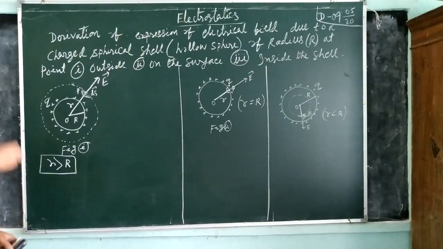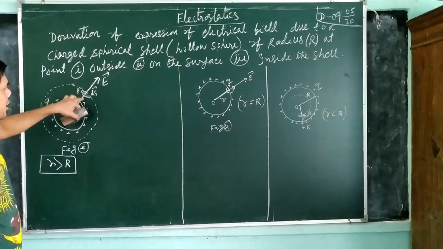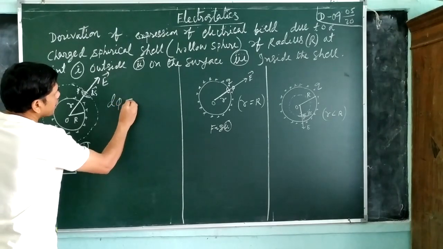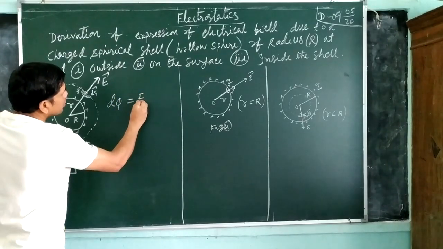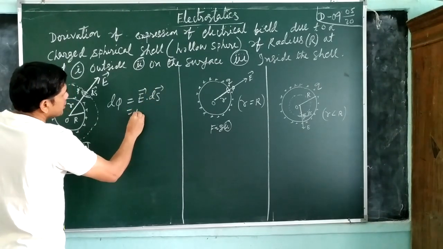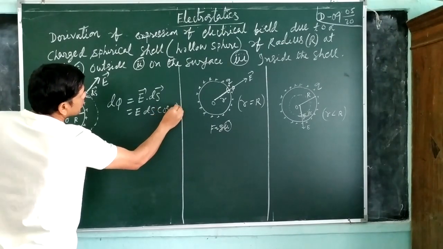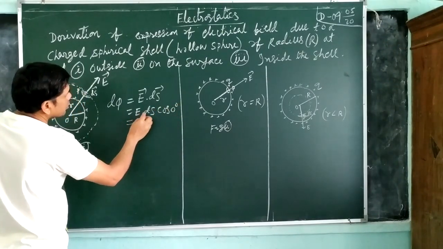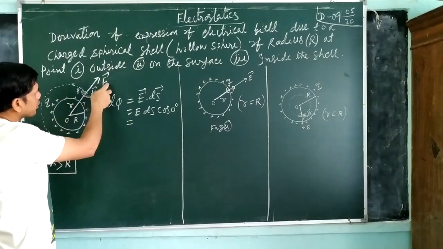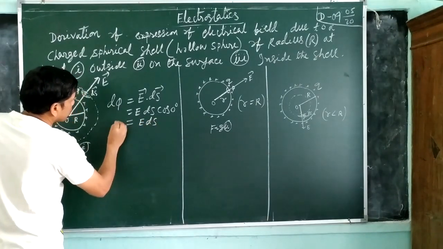Now, the small electric flux passing through this elemental area ds, if it is denoted by d phi, then d phi equals, according to the formula, E dot ds. Now, E ds cos 0 degree by using the dot product rule, and the angle is 0 degree between vector E and vector ds. So d phi equals E ds.